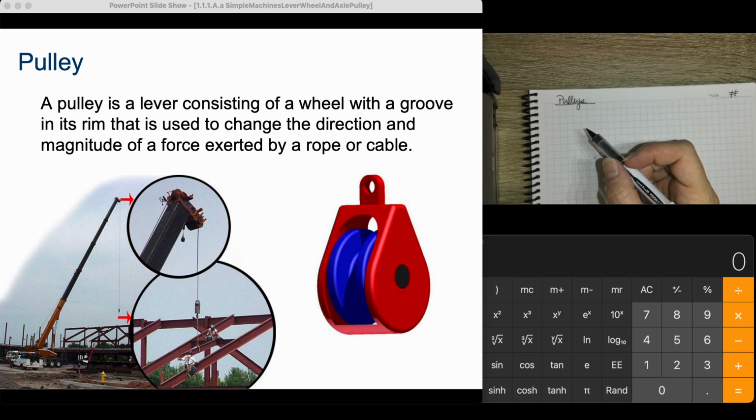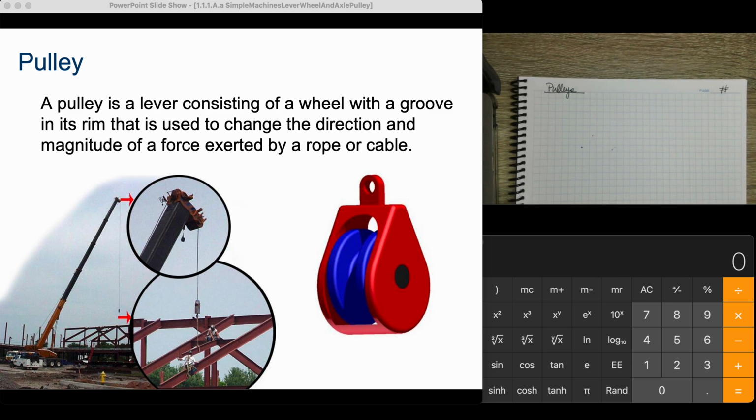Alrighty, so with pulleys, basic definition is a wheel with a groove. It doesn't necessarily have to have a groove, but it's going to work a lot better if you have a groove. And we're using it to change the direction and magnitude of a force. So you've probably seen pulleys like this before.